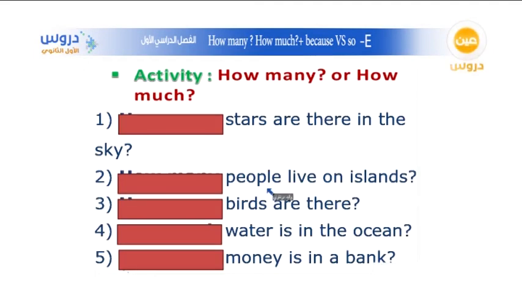More. This is an activity of using how many or how much. Alright? Now, in the first example, you have got to fill in the blank. It says, blank stars are there in the sky.